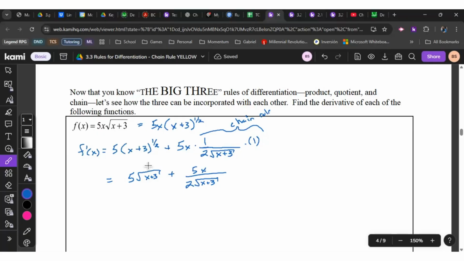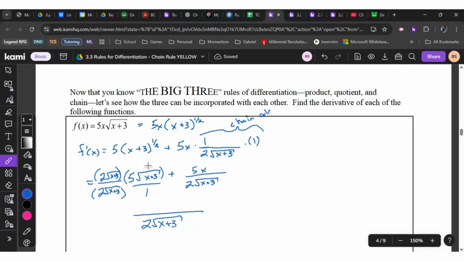So I would need to get a common denominator, right? So I need to multiply this whole first fraction by 2 square root x plus 3 over 2 square root x plus 3. Now I'm going to have a common denominator. So the whole thing is just going to be over 2 square root x plus 3.